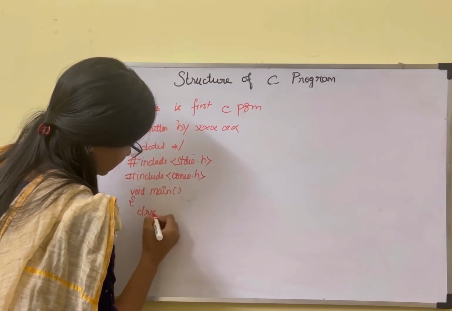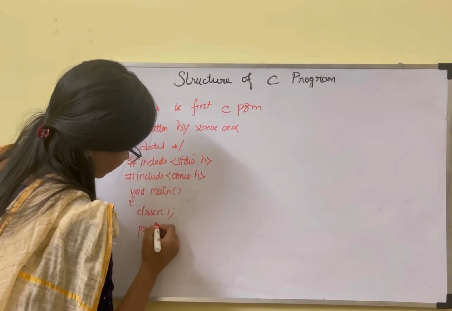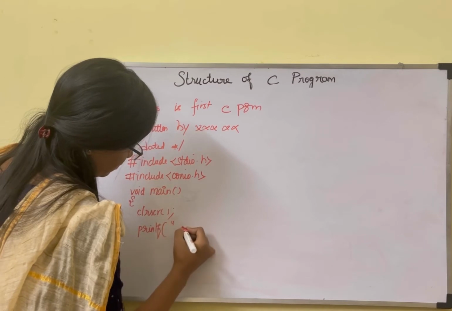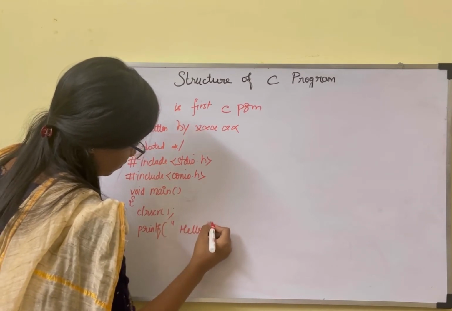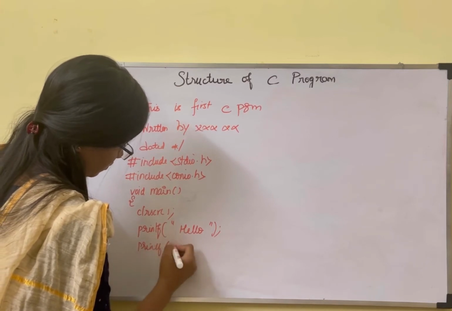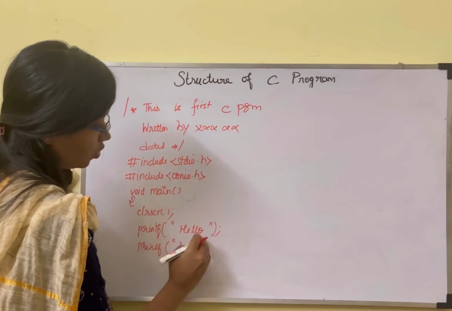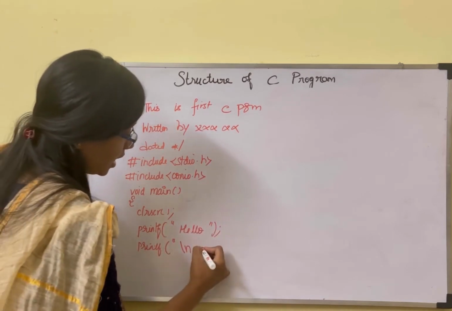I will give clrscr, then printf. I will give \n because after hello, it should come to the next line and print this one.